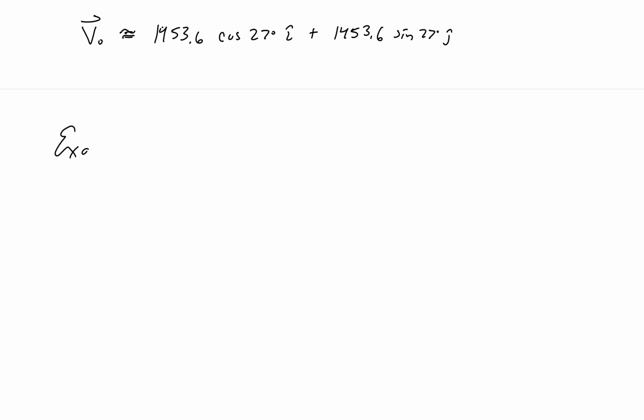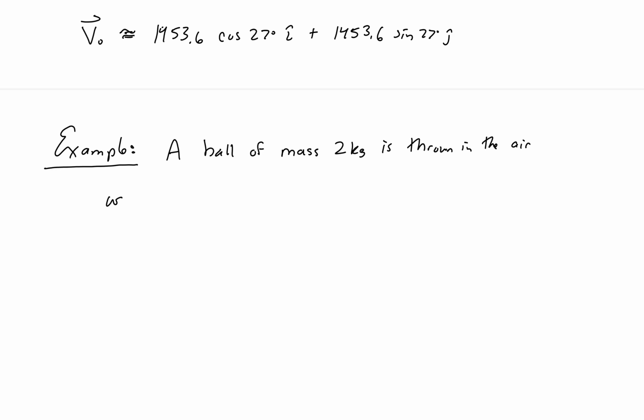Let's look at another example, but now let's take into account being in three-dimensional space instead of just this two-dimensional space. So let's say a ball of mass 2 kilograms is thrown in the air with an initial speed of 20 meters per second.